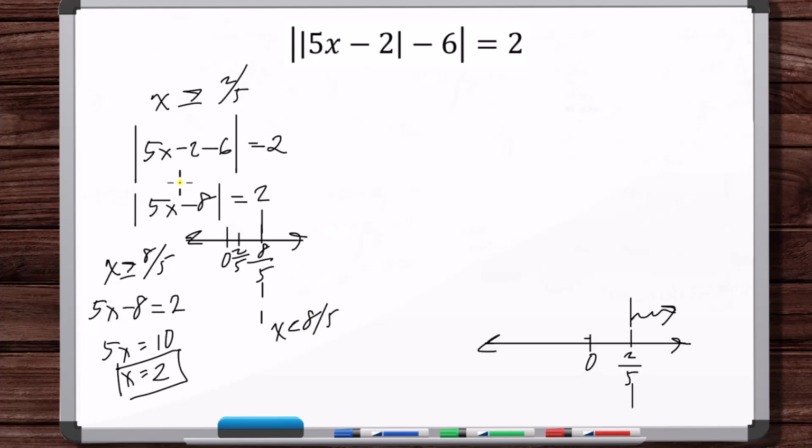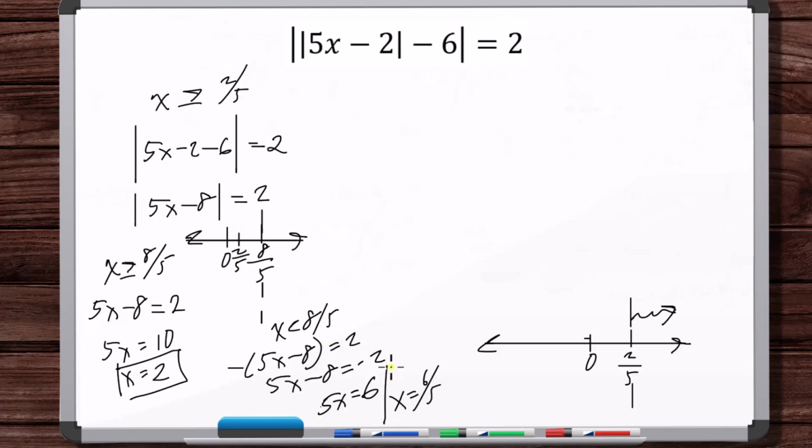In that case, 5x minus 8 is going to be negative, so multiply both sides by -1. Add 8 to both sides. Minus 2 plus 8 is 6. Divide both sides by 5. 6/5. That is less than 8/5, and that is greater than 2/5. So this is a solution.